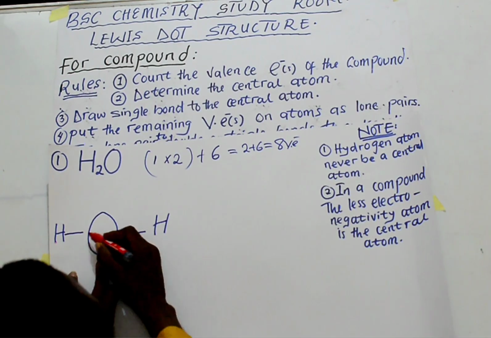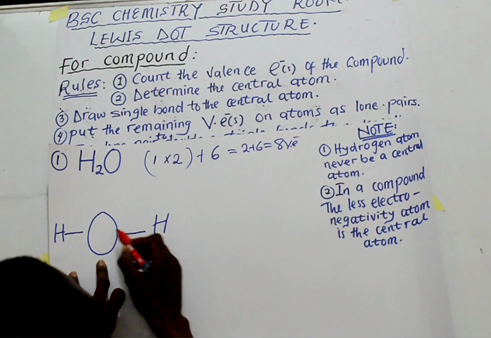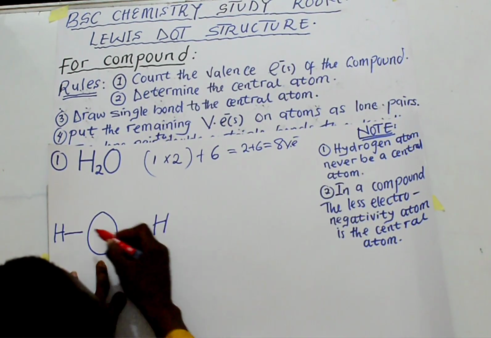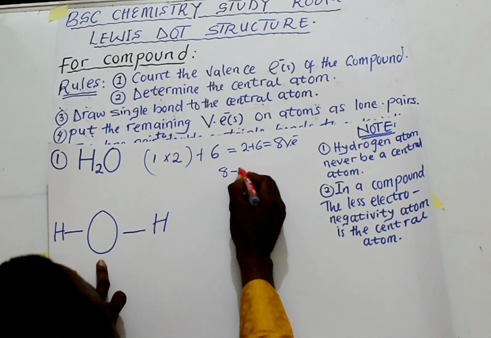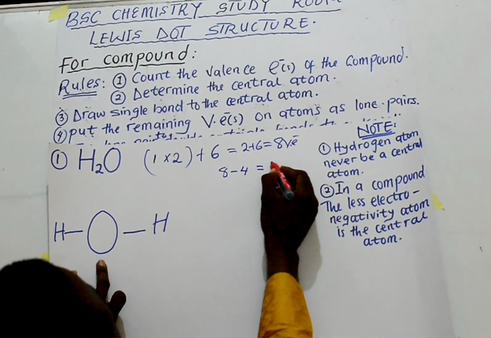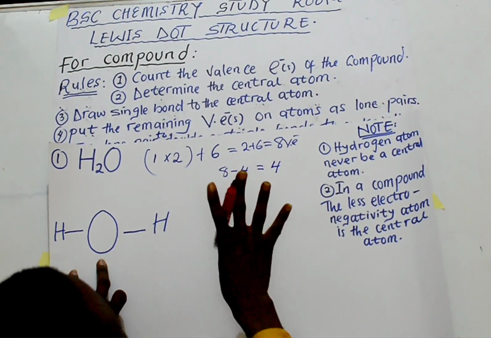First, count the single bonds. Each carries 2 electrons. We have 2 single bonds here, so 4 electrons. Now we subtract them from our overall electrons, 8 minus 4, which gives us 4 valence electrons.